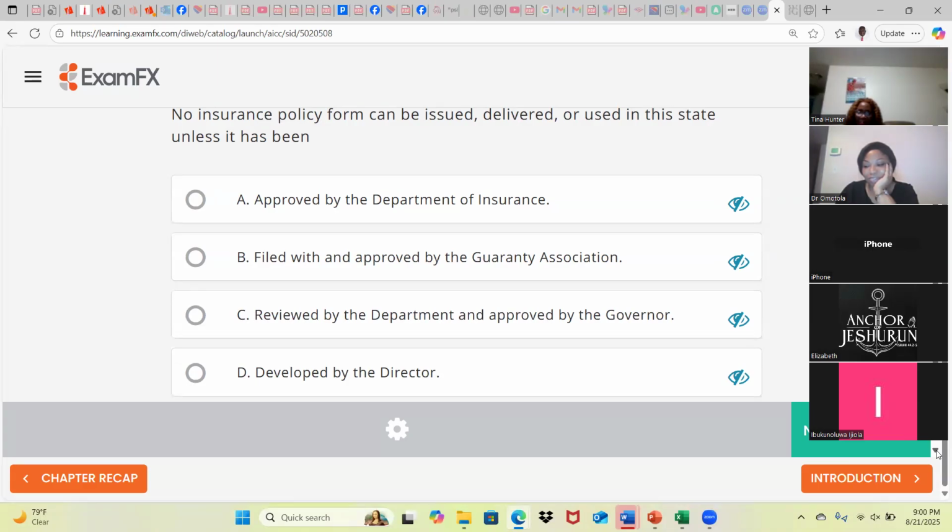C says reviewed by the department and approved by the governor. I mean, that's way up there. The governor is not going to be approving policies. B, filed with and approved by the Guarantee Association. Again, that's a trick. The Guarantee Association does not exist to approve policies. It exists basically to come in and bail out insurance companies that are having some financial trouble. So approved by the department is the most likely answer here.